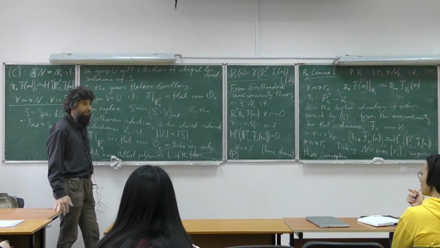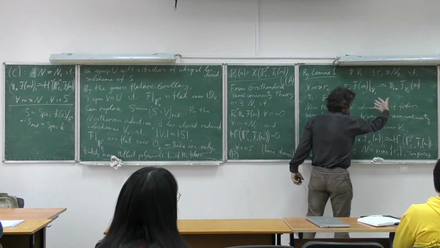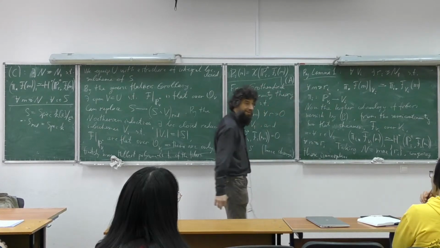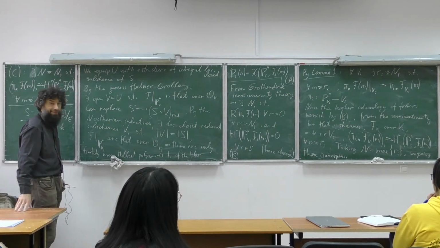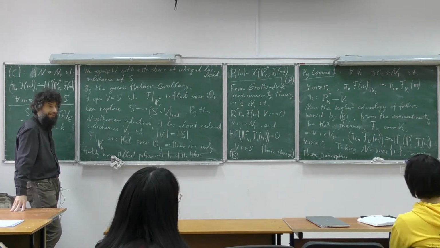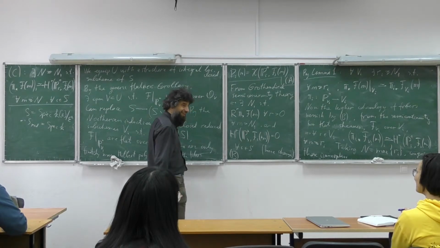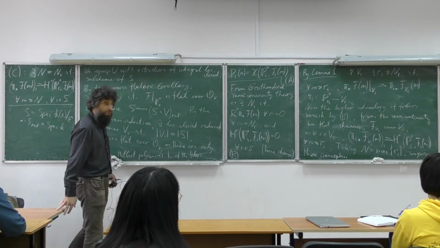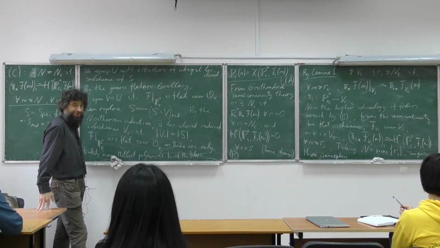For each point you have the composition of those isomorphisms, and that is this isomorphism. You can forget everything else. And next time I will recall those properties A, B, and C, and we will deduce our theorem from A, B, and C.